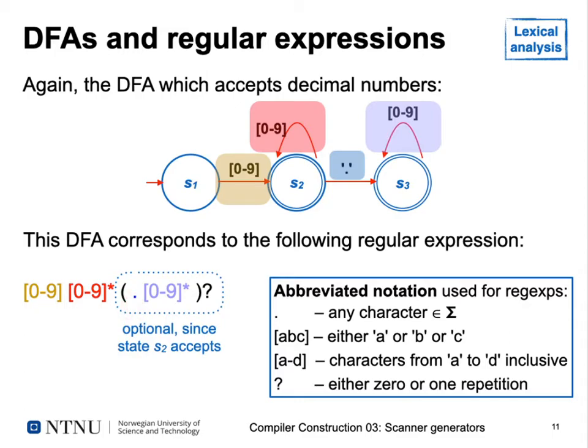So here you have an example of having to be a bit careful about this. This is very common when writing regular expressions, that you get something like this wrong and then it starts accepting something you don't expect or refuses to accept something you think it should accept.